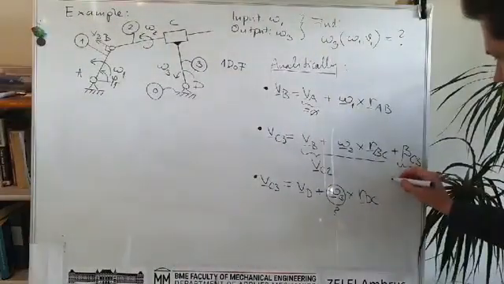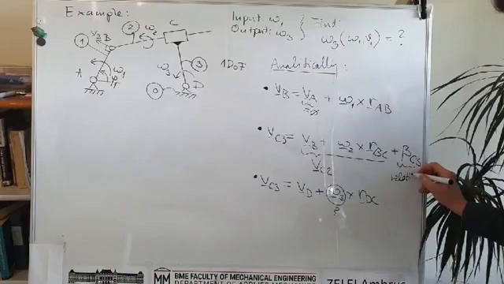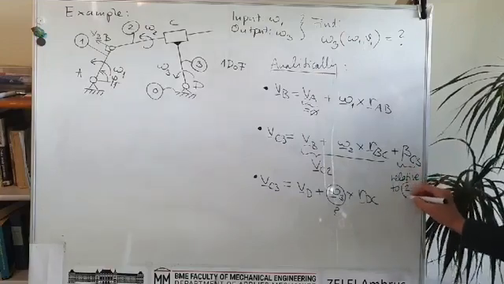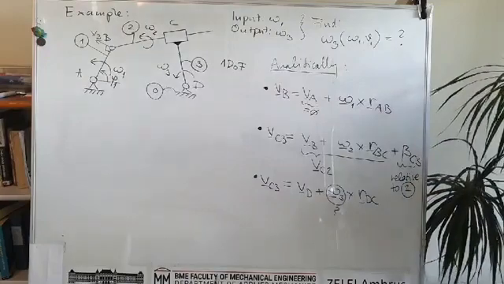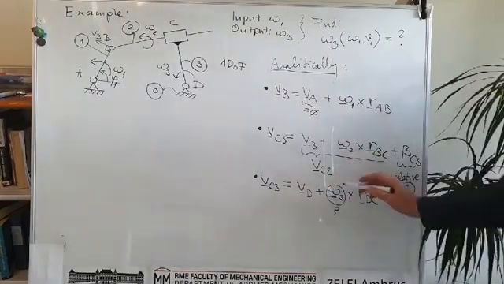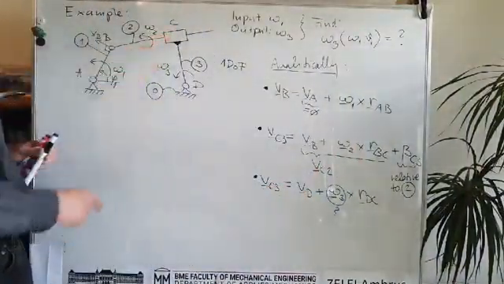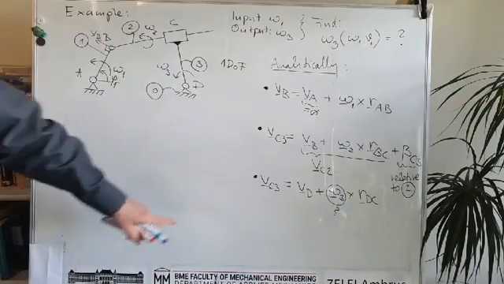Okay, so this is a relative velocity, and this is relative to rigid body number 2. And this whole velocity term represents the velocity of rigid body number 2 in point C.